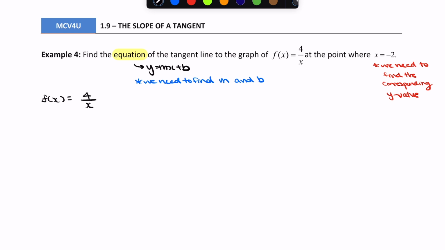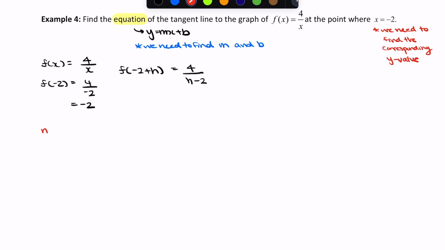If we sub in f of -2, we will have 4 over -2, which is equal to -2. And if we sub in the function of a plus h, here it's -2 plus h, we'll get 4 over -2 plus h, or we can write it as h minus 2.